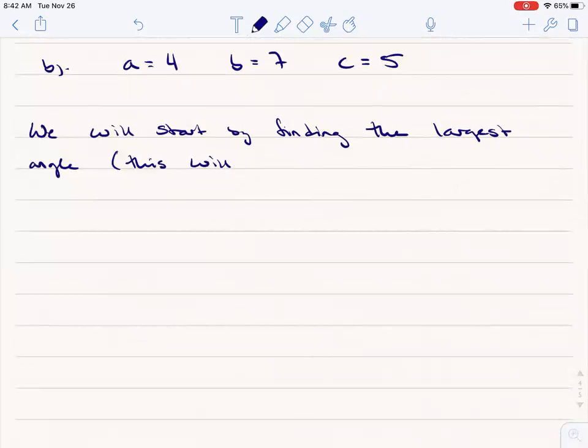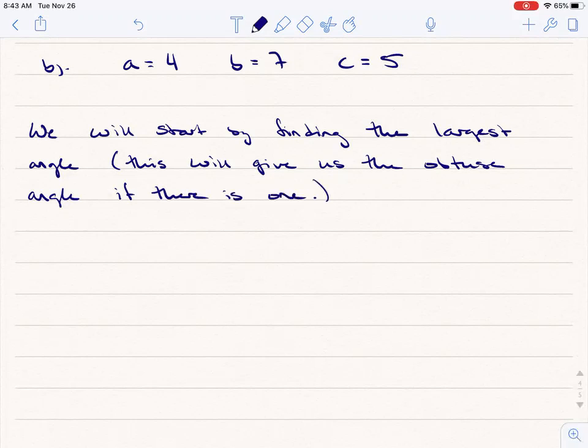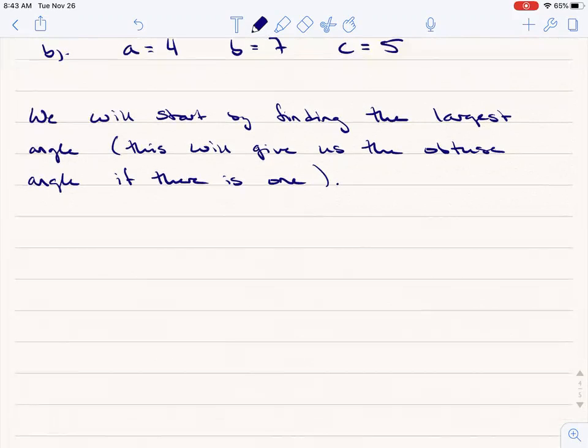So this will give us the obtuse angle if there is one. A triangle can't have more than one obtuse angle, and so if we've got the one obtuse angle, then we can figure out what the other 2 might be, because they have to be acute.